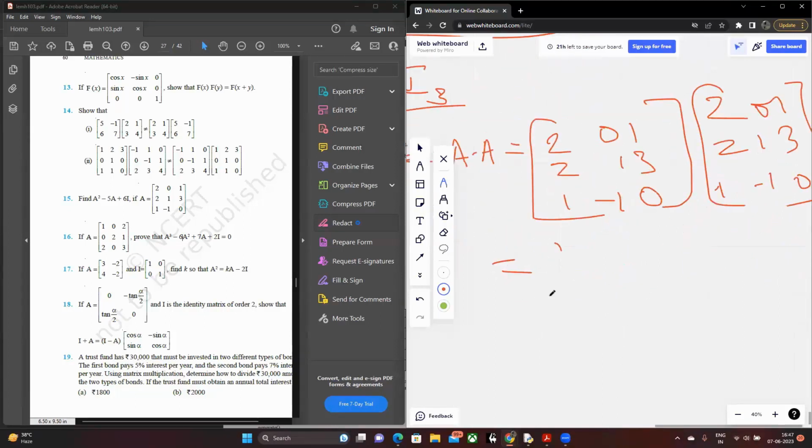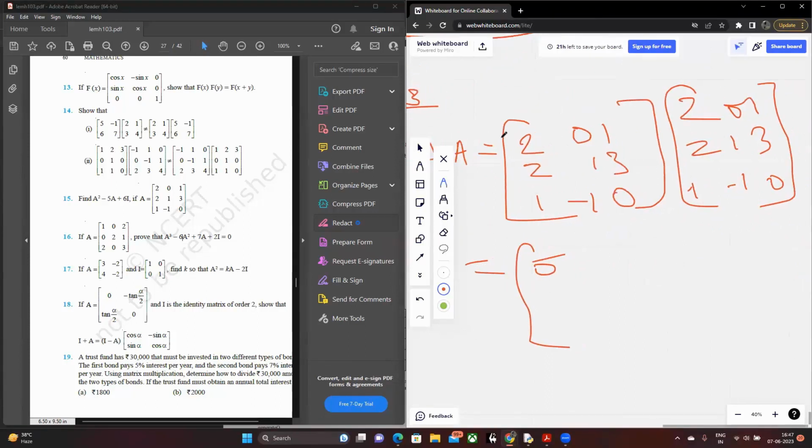Which is basically a 3 by 3 matrix of, this is 2 into 2, 4 plus 1 is 5. This is 0, 0, minus 1. This is 2, 0, 0. And then you have 2 2s are 4 plus 2, 6 plus 3, 9. You have 2, 0 plus 1 minus 3 is minus 2.